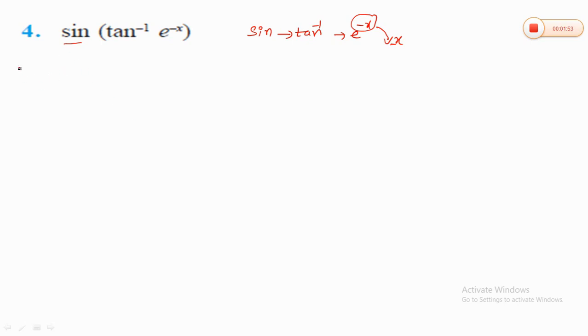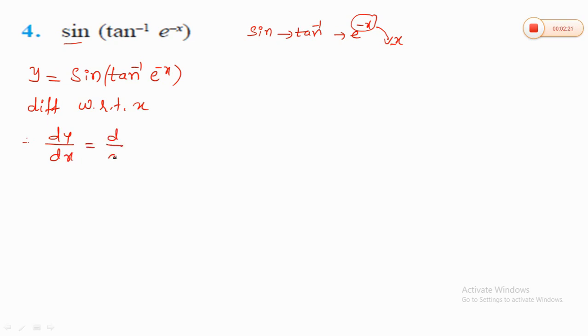Yes. So first I will rewrite this, y equal to sine of tan inverse of e raised to minus x. Then differentiate with respect to x. Therefore, dy by dx equal to d by dx of sine of tan inverse of e raised to minus x.